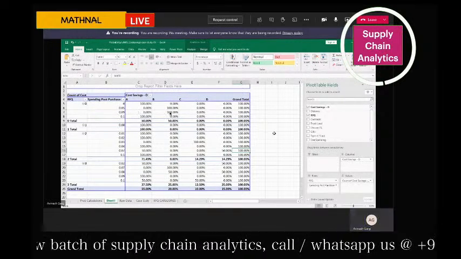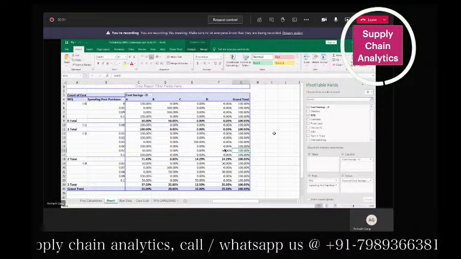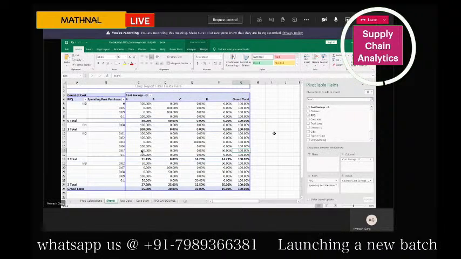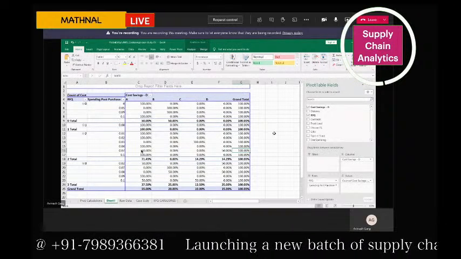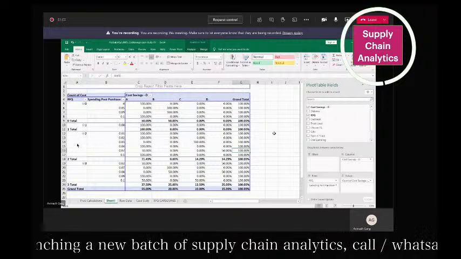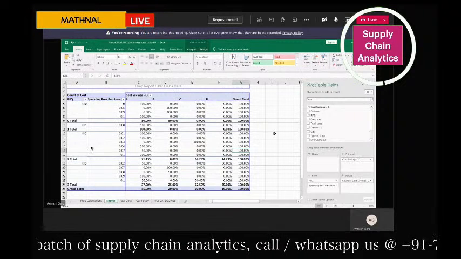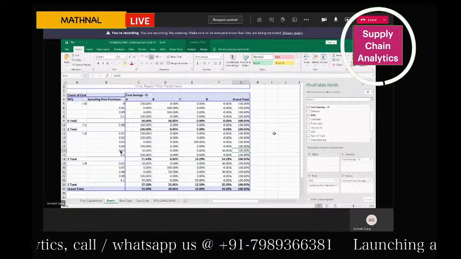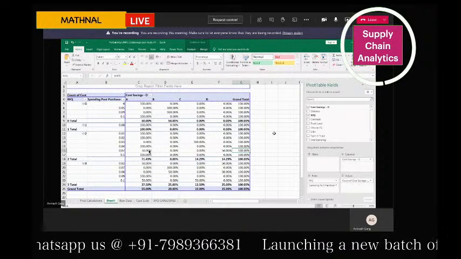That is 100%. Let's see one more case here. There is 50% here. So what is the probability of cost savings category A given the RFQ category 2 and spending post purchase category 0.07? That is 50%.